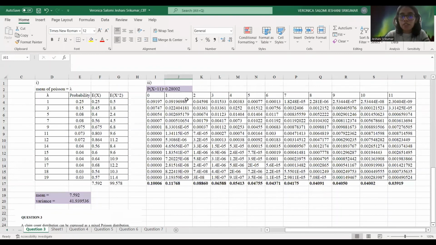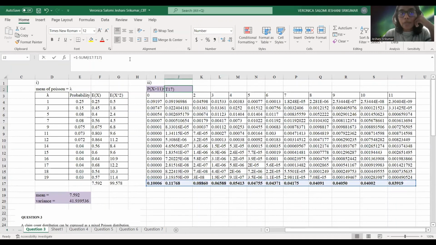If you do this for the entire range up to 11, this is what we get. So the probability of x greater than 11 will be 1 minus the probability of x less than or equal to 11, which is 1 minus the summation of the probability from 0 up until 11.